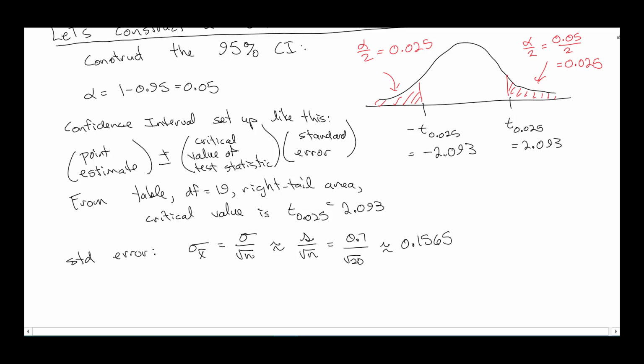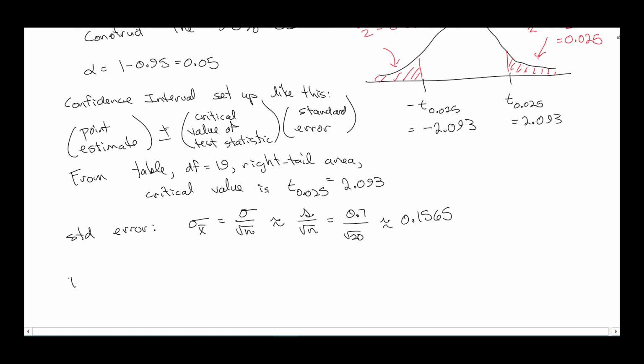Okay, and so now we've got those 2 things that go into the slots, and our point estimate, and in this case our point estimate of the population mean, that's going to be our x bar, which is 98.3, right?